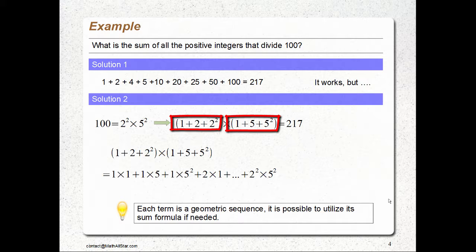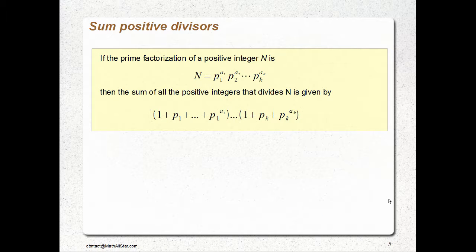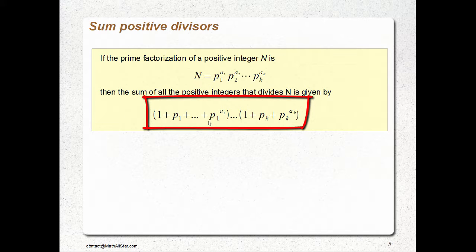Therefore, if the power is large, you can use the geometric sequence sum formula to find its sum. Here is a formal statement of our finding. Given a positive integer n, we find the sum of all its positive divisors in this way.